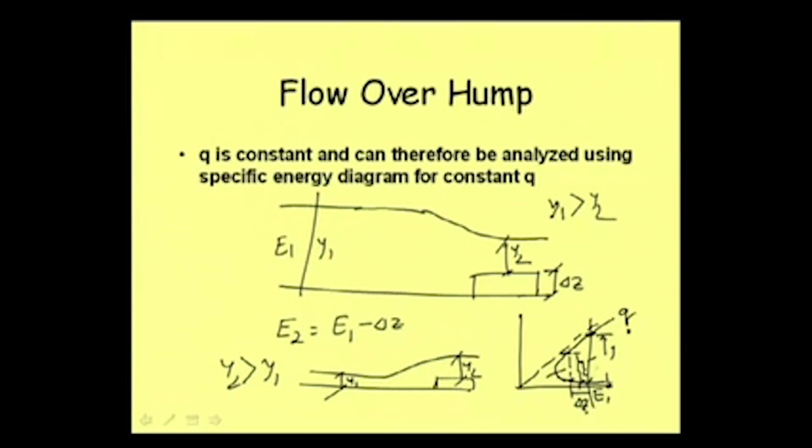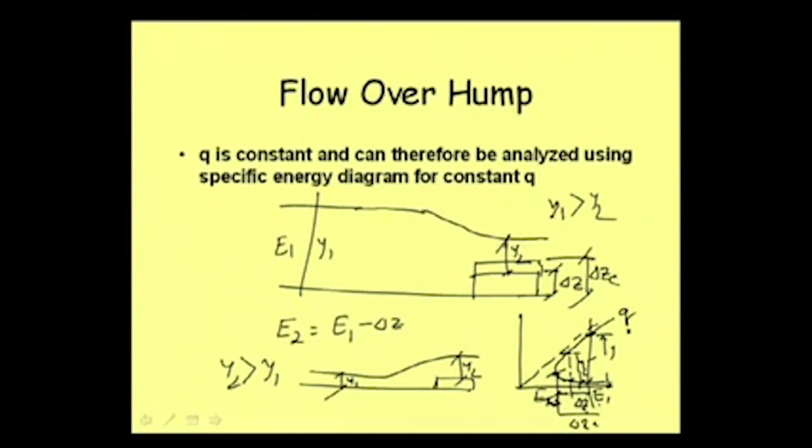Now, if this z is raised to a higher level, if it is increased to a critical value delta zc, then our flow depth will become critical. E1 will come down to E minimum, that is, we are having minimum energy, or we are having the critical flow condition.